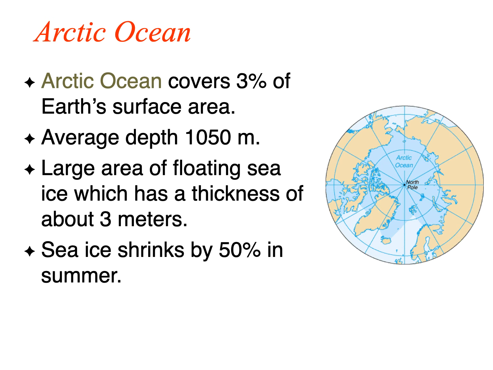During the summer months, this sea ice shrinks by about 50%. However, the amount of sea ice shrinkage that occurs in the summer has been increasing for the last 3 decades. And climate scientists predict that summer sea ice will disappear sometime between 2035 and 2050.